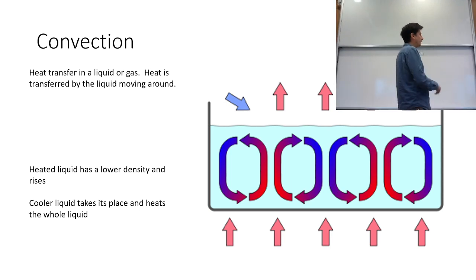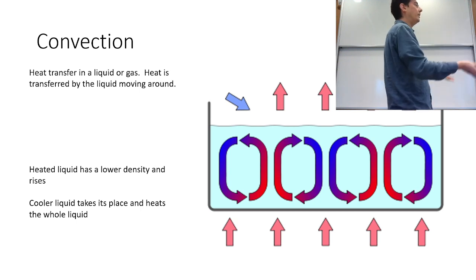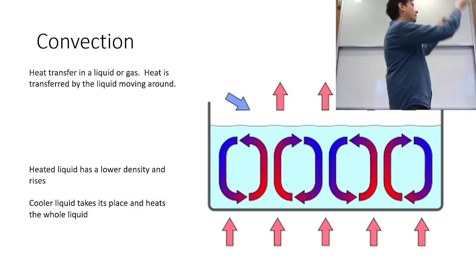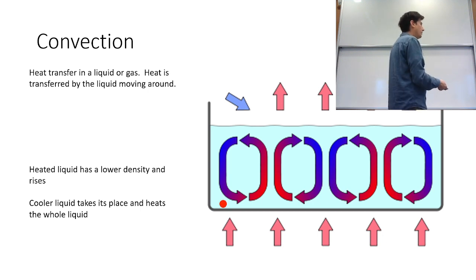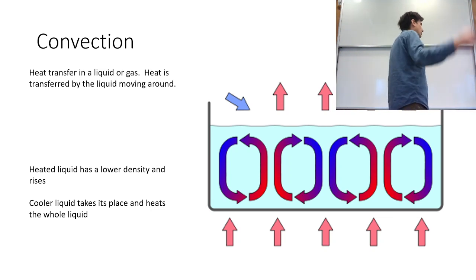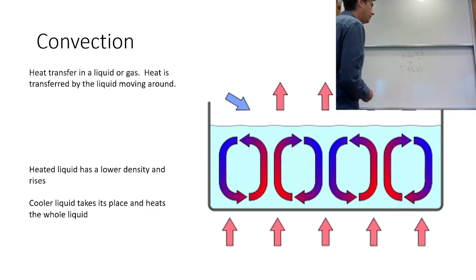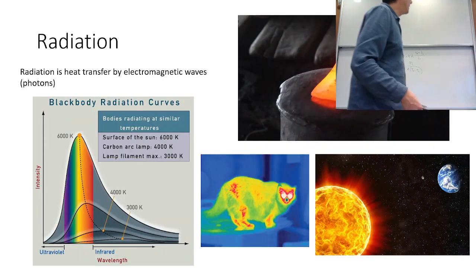You heat up something, and if it's a liquid, then the liquid actually moves around due to the heat, because hot air rises or the hot fluid rises, and then the cold fluid goes down. So you're heating the pan at the bottom, but then the cold fluid keeps on going down, right? So it actually tends to transfer the heat around. Okay, so I won't say much about that.